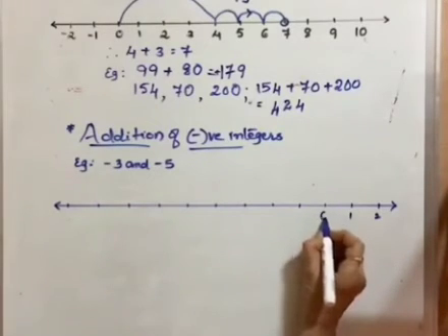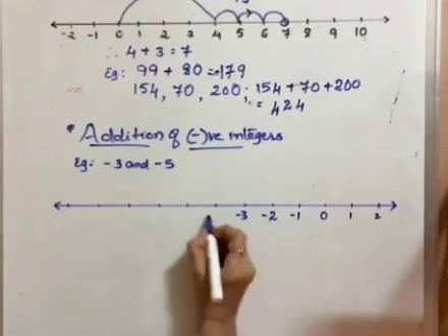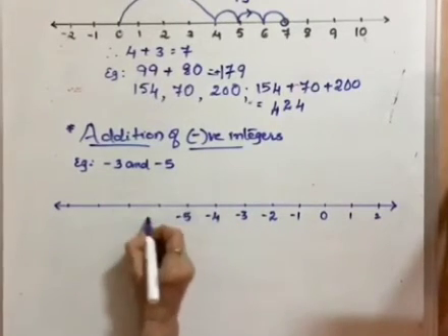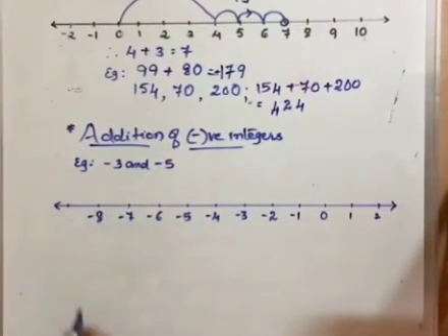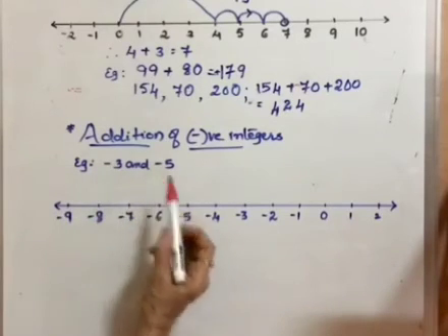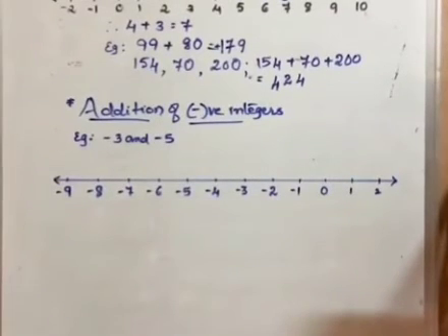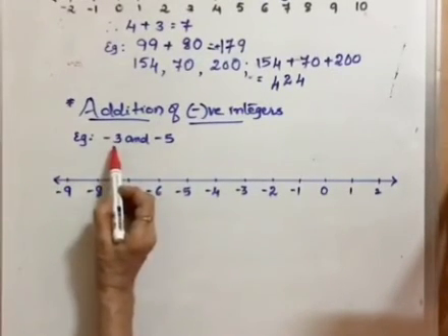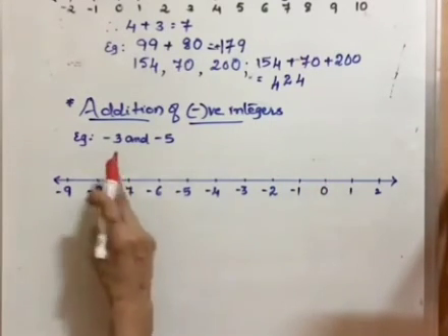So 0, -1, -2, -3, -4, -5, -6, -7, -8, and so on. Now, how do I represent this operation? We have to add -3 and -5. See how I am going about. Now the first integer is -3. From 0, which direction do we move? We move to the negative side.